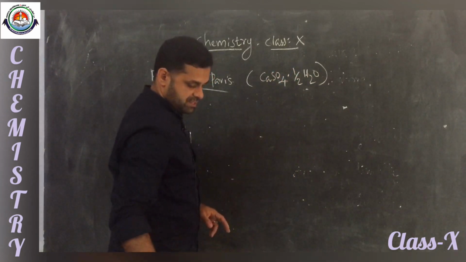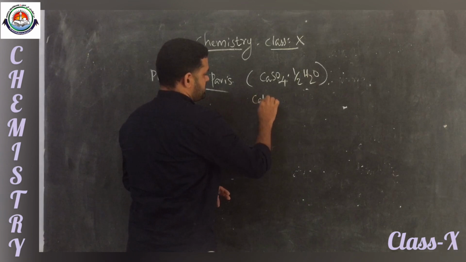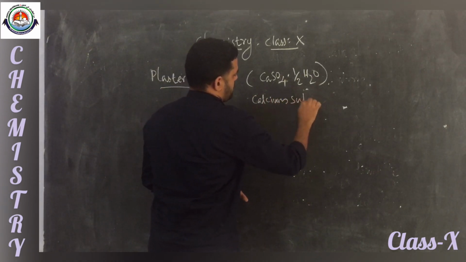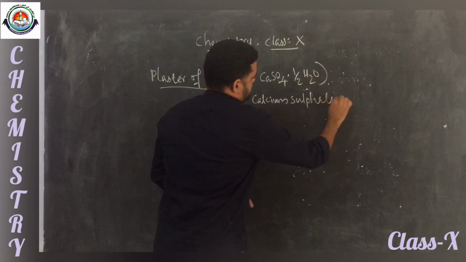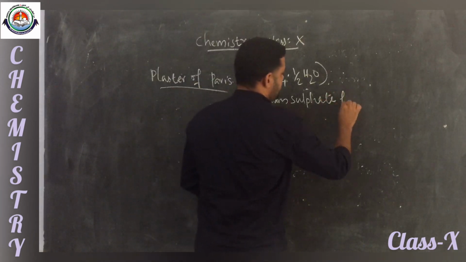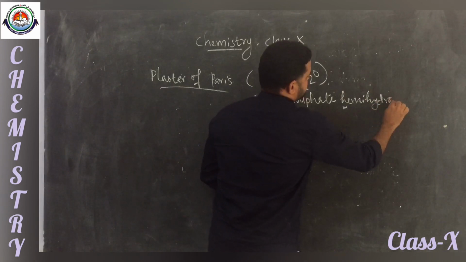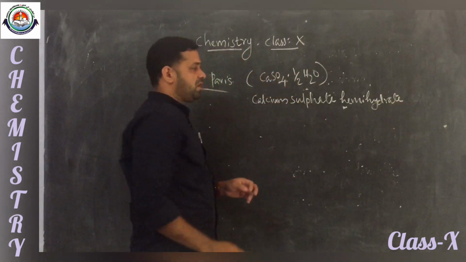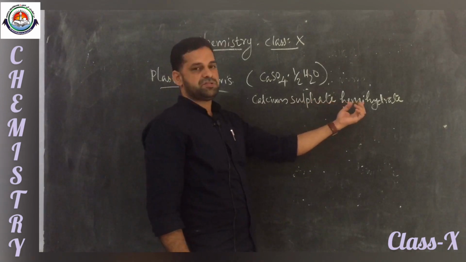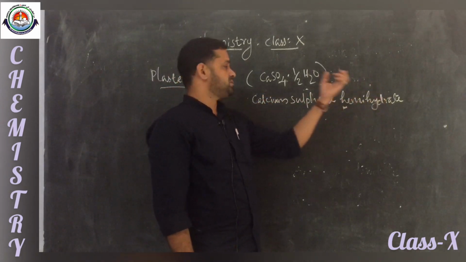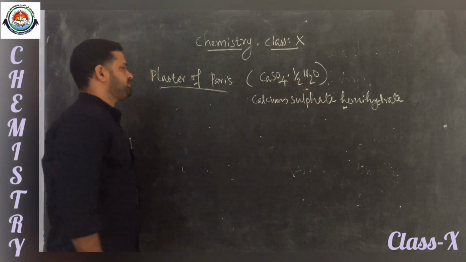Its chemical name is calcium sulfate hemihydrate. This is also a hydrated salt, but here it is half H2O, hemihydrate, calcium sulfate hemihydrate, that is plaster of Paris.